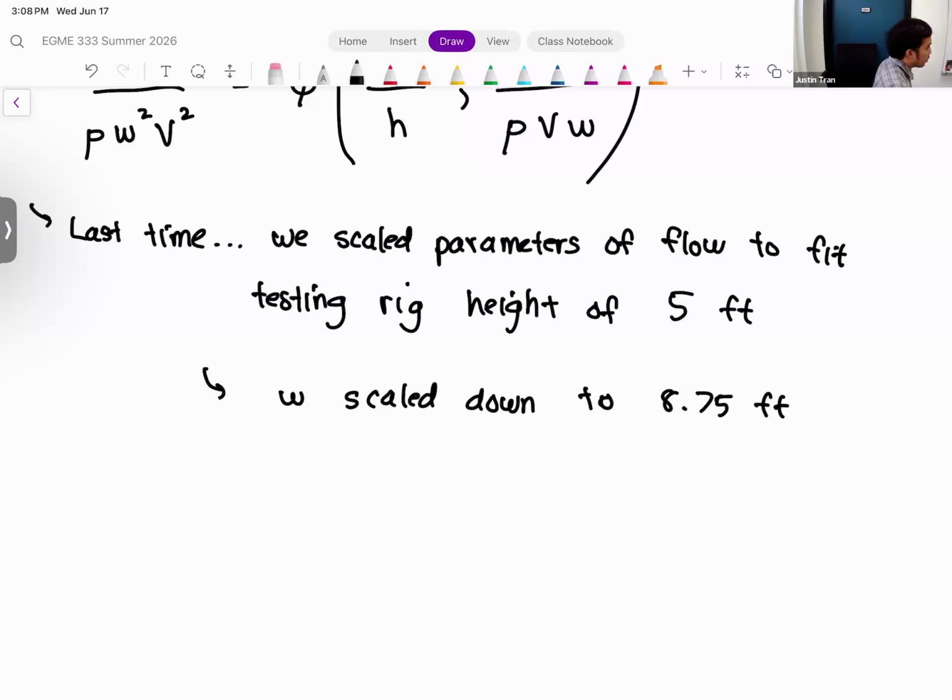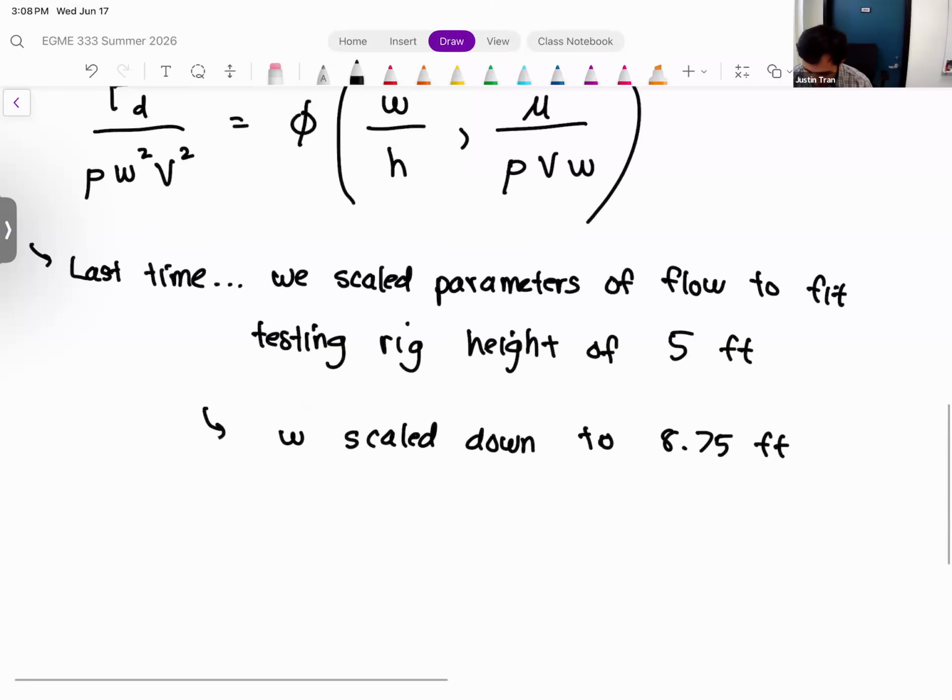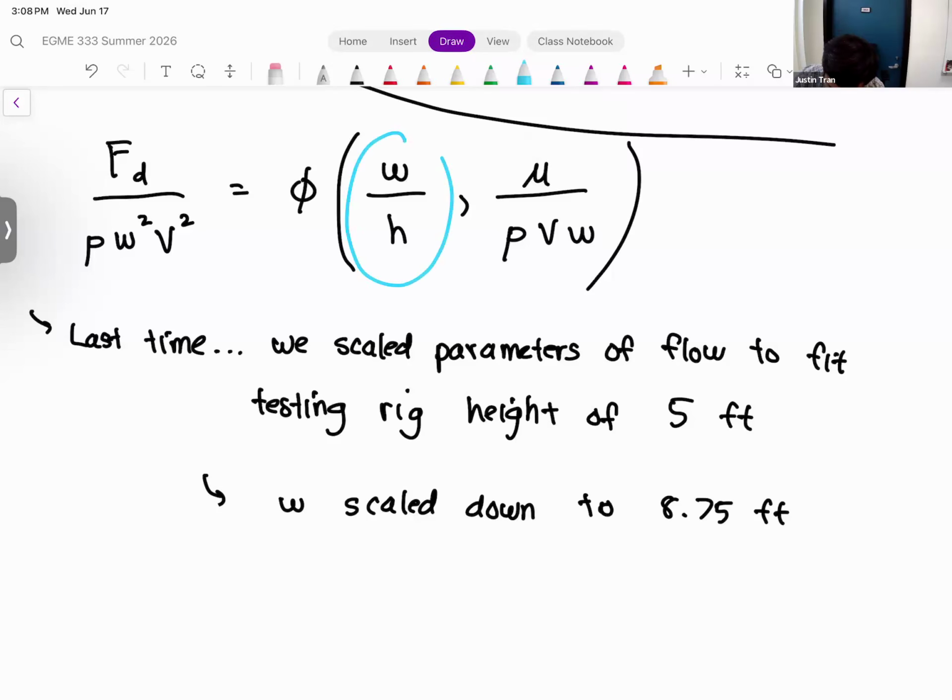Even though we're running a smaller scale experiment, one of our non-dimensional numbers is the aspect ratio, basically the ratio of the width divided by the height. In our experiment, the aspect ratio should be the same as the full scale situation. So in order to maintain the same aspect ratio with a maximum height of 5 feet, we have to scale the width down to 8.75 feet.